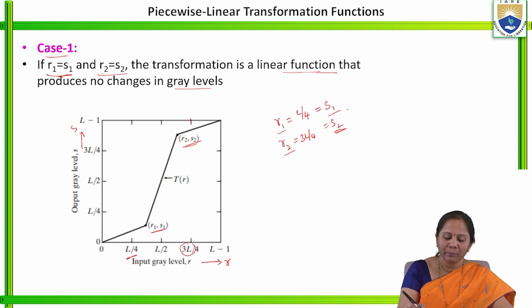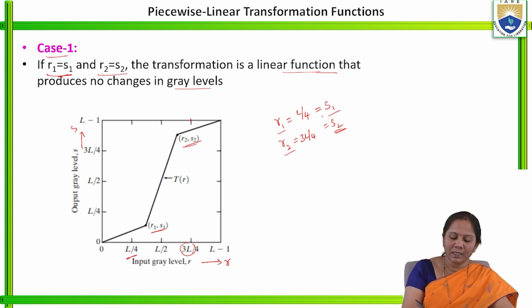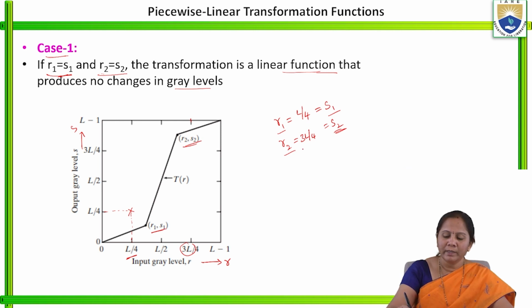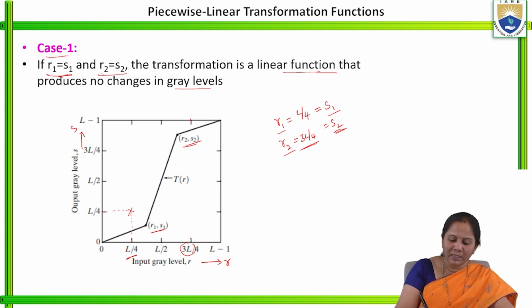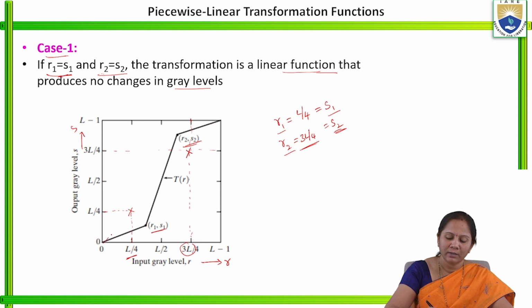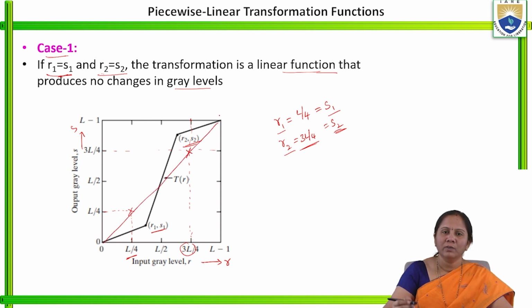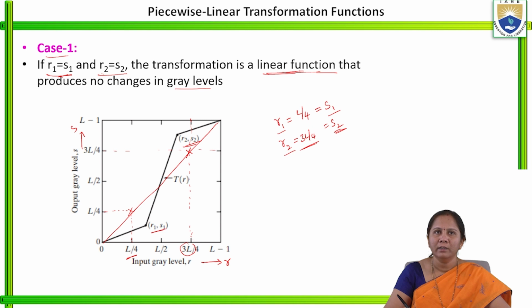For example, the value of R1 is L/4, so here you get that point. And R2, S2 is 3L/4, so this is the point 3L/4. If we join these two points, we get a graph like this, which we call a linear function.